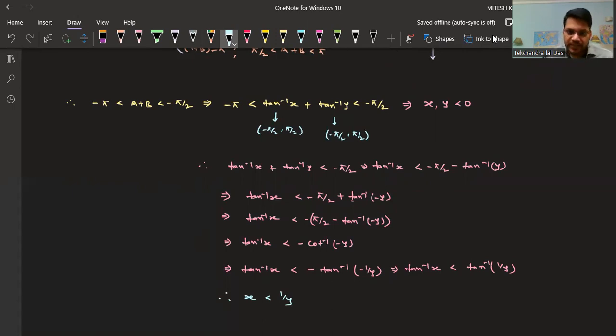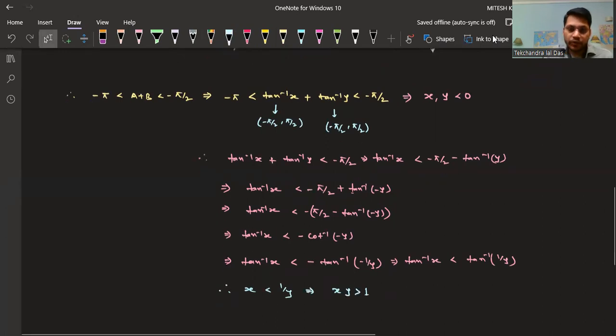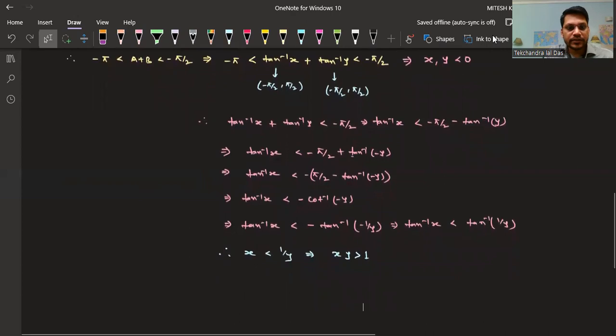So if we multiply by y on both sides, what do we get here? We'll get x into y greater than 1, because the inequality will change. So from this inequality, we got xy greater than 1. Okay, so we can write further this one like this.